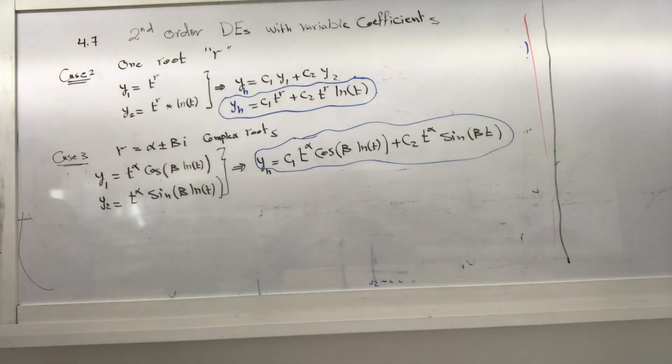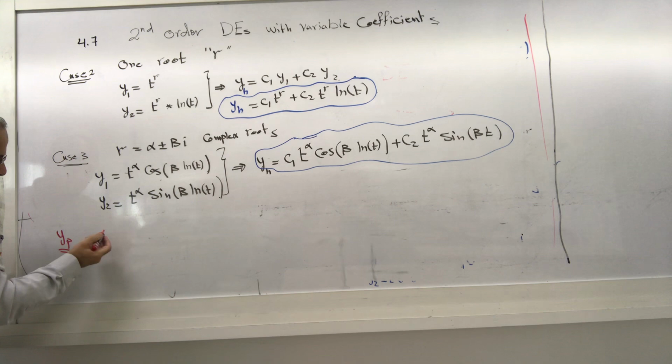Now let's talk about y particular. We didn't say anything till now about how you're going to get your y particular. For the y particular, can we use, for example, undetermined coefficients?